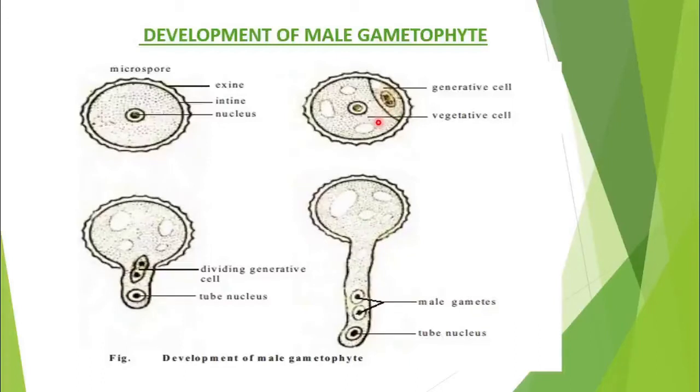When the pollen grain attains the two-celled stage, it means the pollen grain is matured. This pollen grain gets released from the anther. It comes and settles on the surface of the stigma.